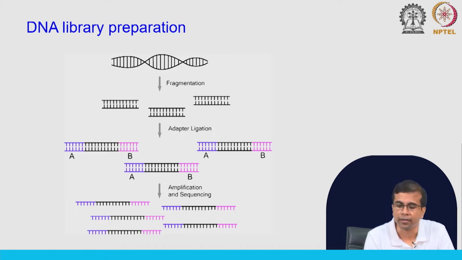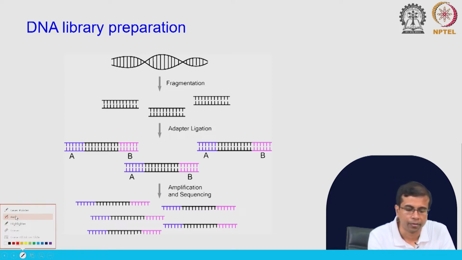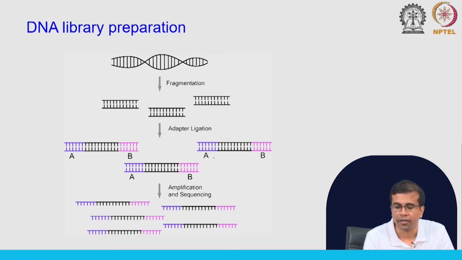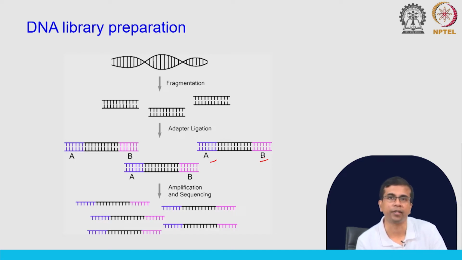These adapters are shown in 2 different colors here, and also by these letters A and B. These are usually 2 different adapters that are added to 2 different ends, and there is a specific reason which we will realize when we talk about the methods of sequencing.